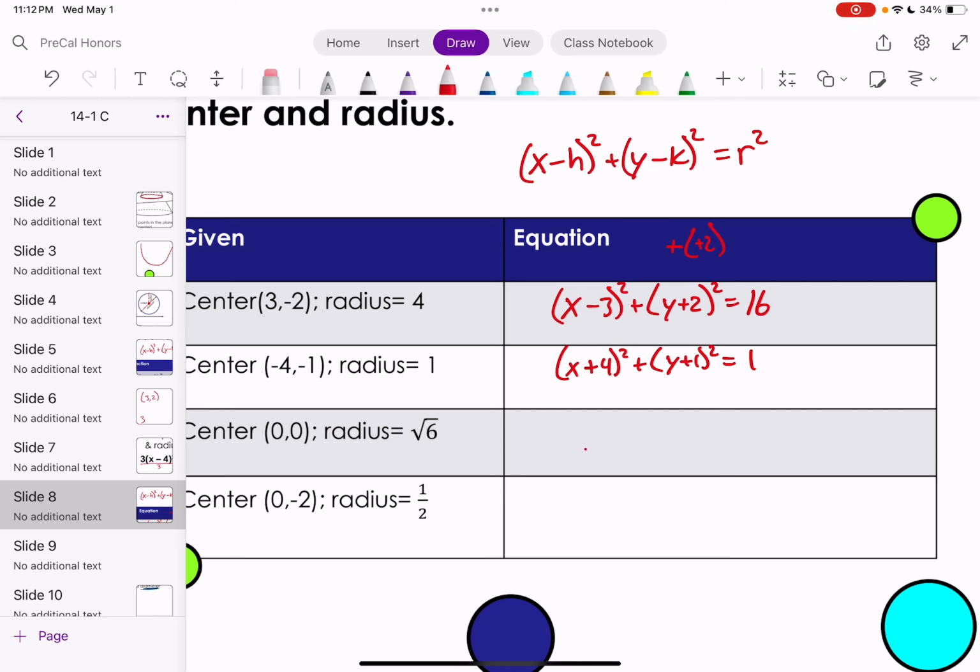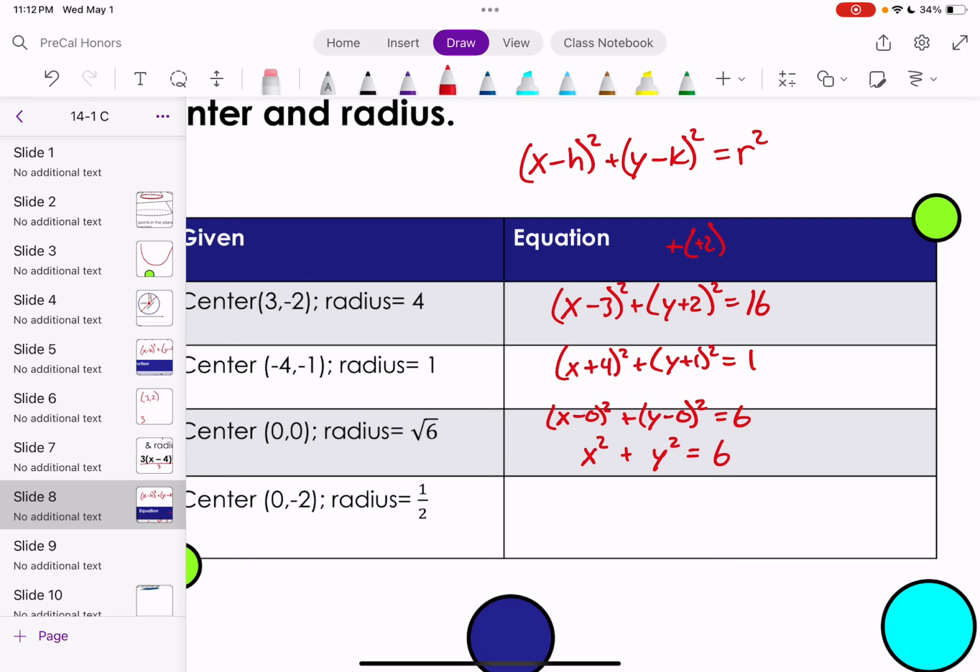We could write this as x squared plus y squared is equal to 6, or we can write this as x minus 0 squared plus y minus 0 squared is equal to 6. Either of these two equations are perfectly fine and are accurate.